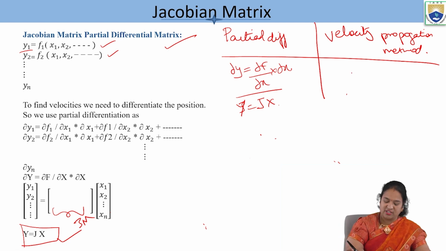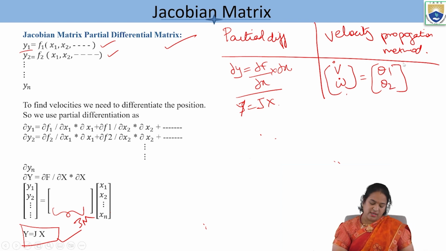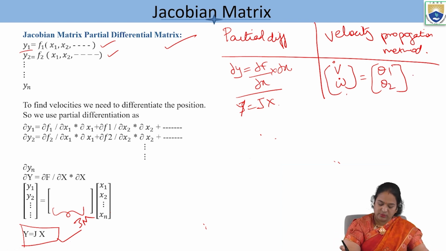Whereas in the velocity method, we will be using the linear velocity v and angular velocity omega, which will be equal to J into theta 1, theta 2. This is how we determine the Jacobian matrix J, right?